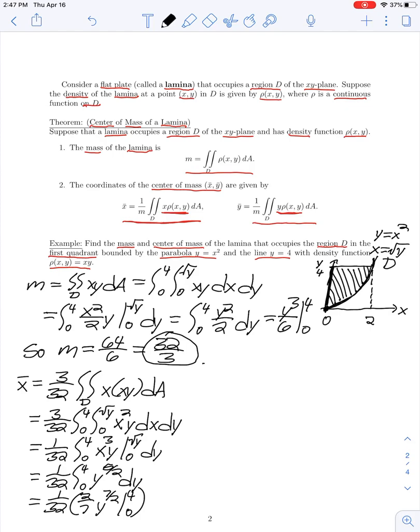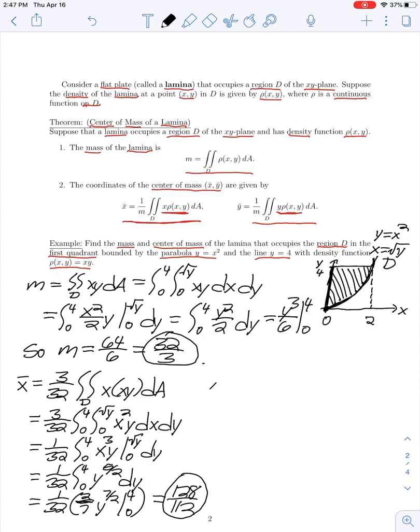So 4 to the 1/2 would be root 4, or 2, raised to the 7th power, then times our other 2, and then with the 1 over 32, 1 over 7, this reduces to 128 over 112, or we could simplify a little bit. So this would be our x coordinate for the center of mass.